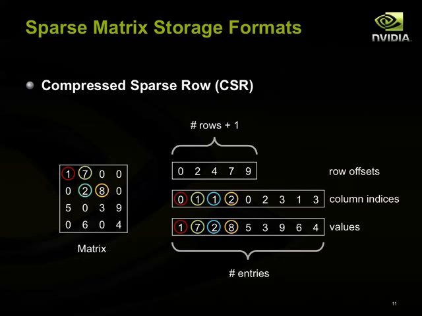Another attractive property of this scheme is that if we want to get the entries of a particular row, say we want to index into the third row of this matrix, we know exactly where to start. We look up in this row offsets array the third entry, 4, and that tells us where the entries for the third row begin.